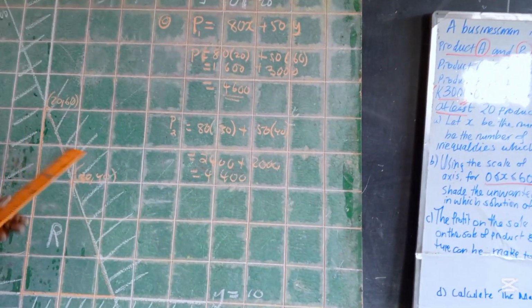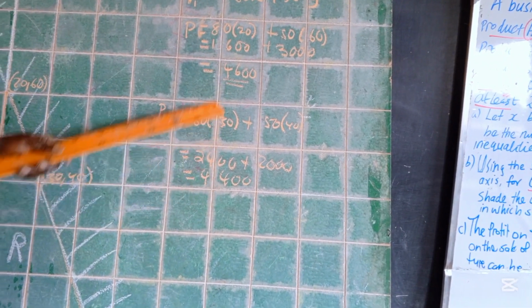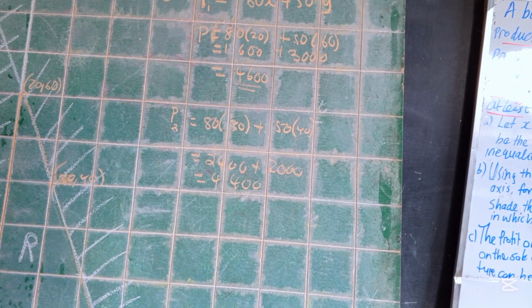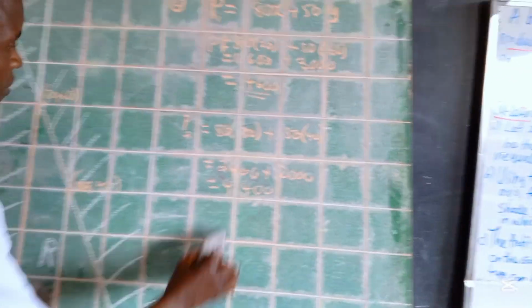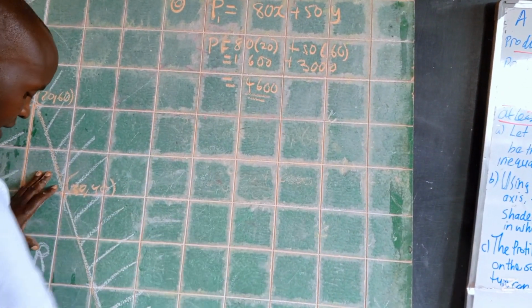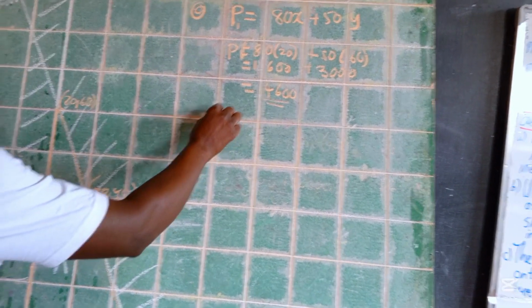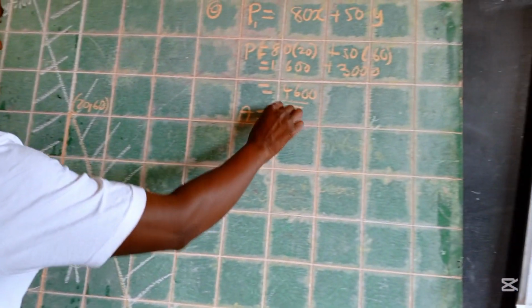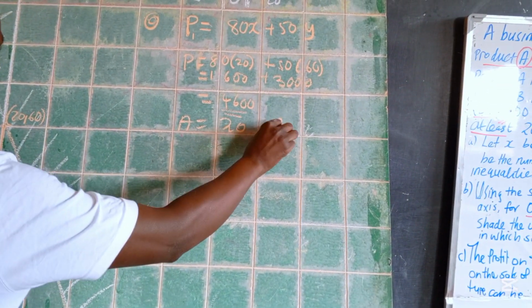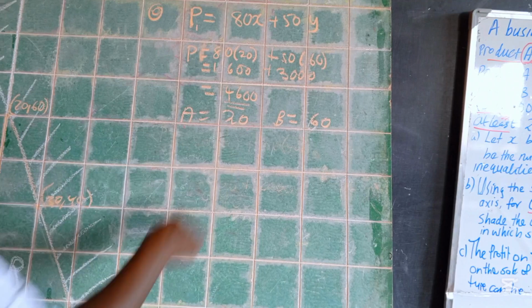Ladies and gentlemen, you can see that the first one is more than this amount. So for me to have the maximum, I should produce how many product A? A is equal to 20, and for B product, I should produce 60. So meaning I've answered that question.